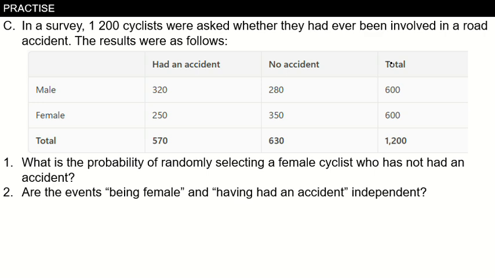We focus on, in this case, 4 different events: had accident, no accident, males that were interviewed and females that were interviewed. So we are asking, what is the probability of randomly selecting a female cyclist who has not had an accident? So the probability of female and no accident.